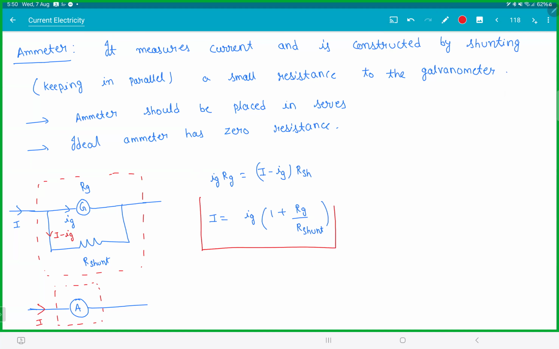This is your final result actually. So what this gives you is a relation between Ig and the capital I. I'll show you how this works in the next page.